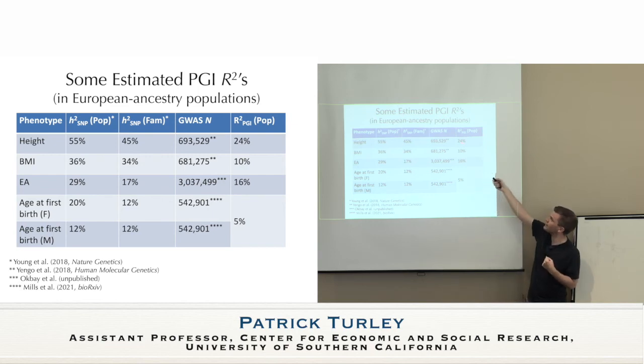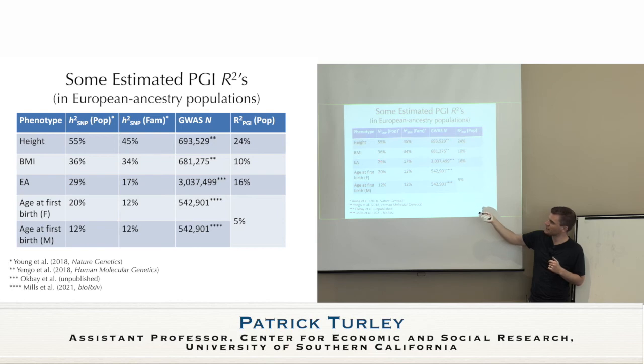So for height, we're explaining about 24% of the variation, which is almost half of the total SNP heritability. For BMI, 36% is the SNP heritability, and current polygenic indexes can get us up to maybe 10%.